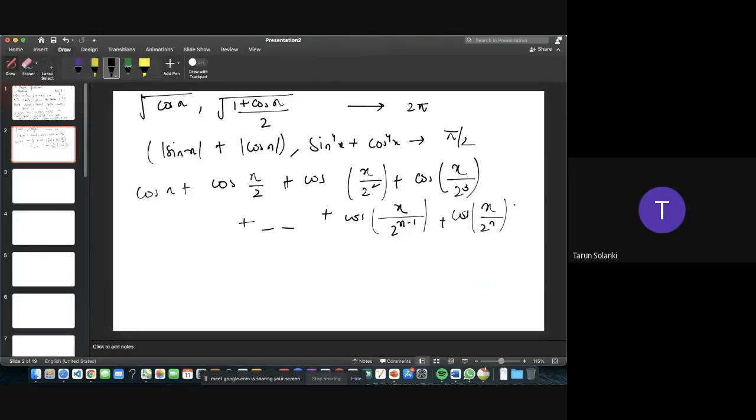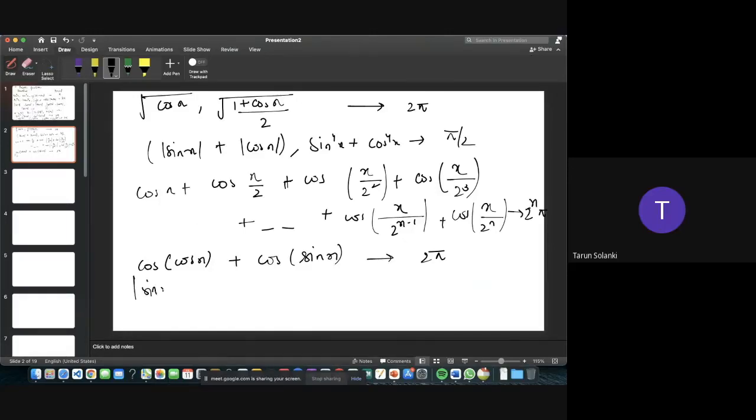So the period for this will be 2 to the power n pi, right? Next we have cos of cos x plus cos of this sin x, right? So the period for this will become 2 pi.